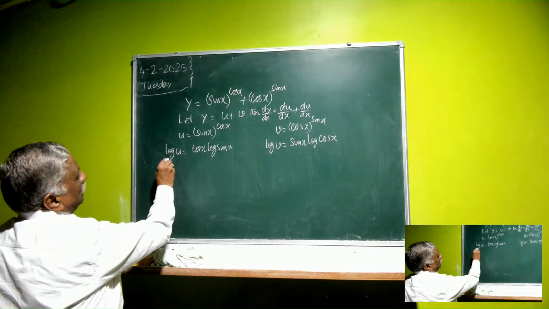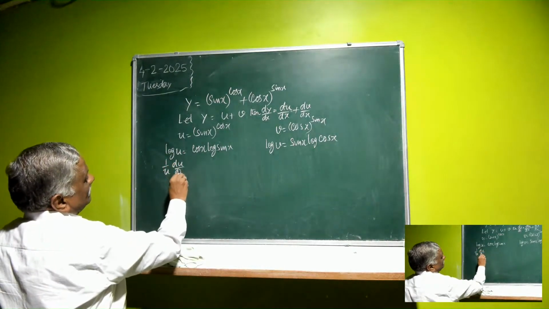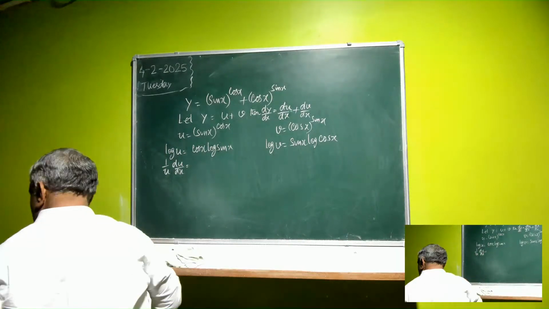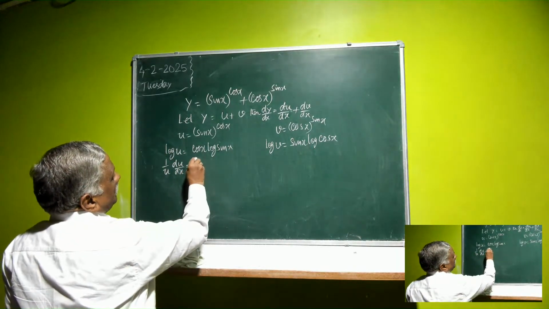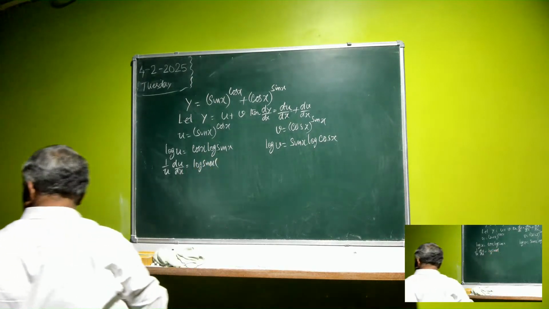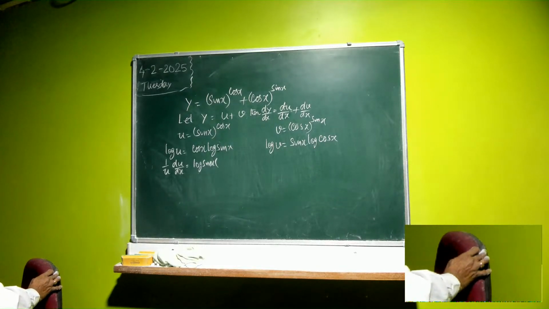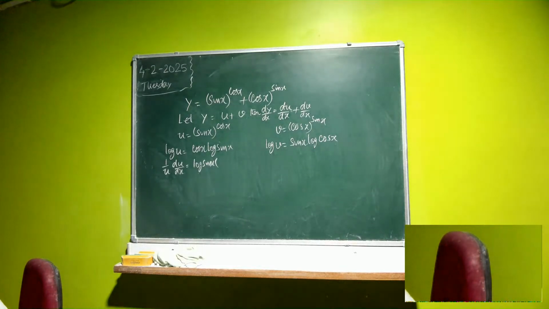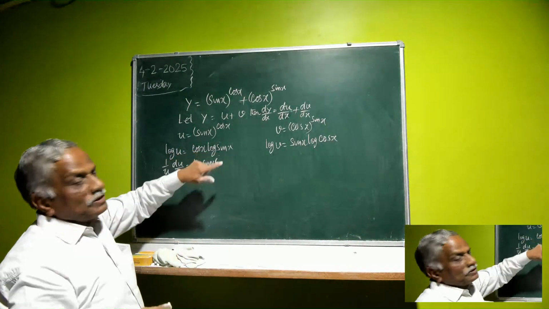Now, 1 over u du by dx is equal to, you keep log sin x, so you can use product rule for this.